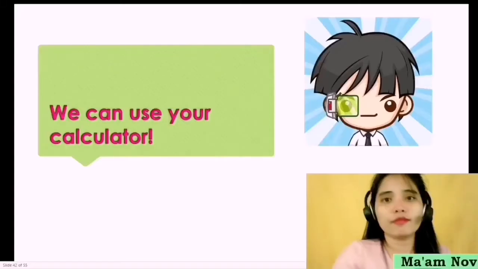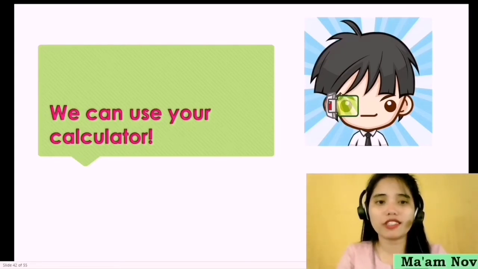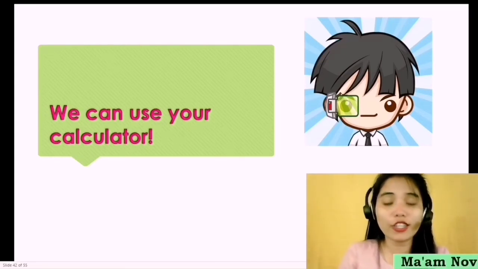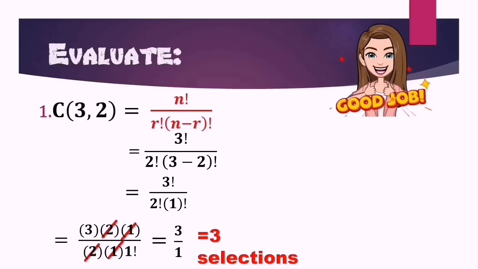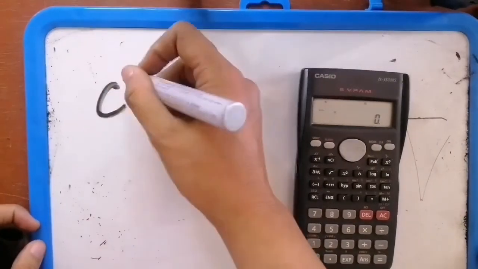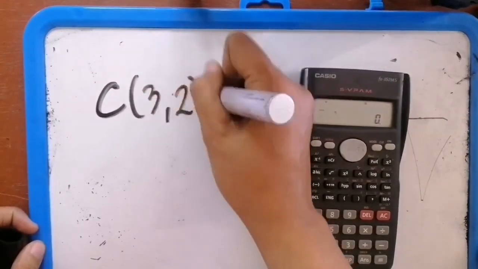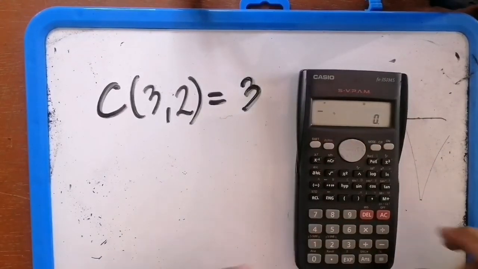So, tama. Now, since marunong na kayo mag-solve manually, I will teach you to use your calculator or your scientific calculator. So, let's try to solve yung problems kanina. Okay, so we have this example. Combination of 3 taken 2 at a time is equal to 3. Let's check. Paano ba yan?